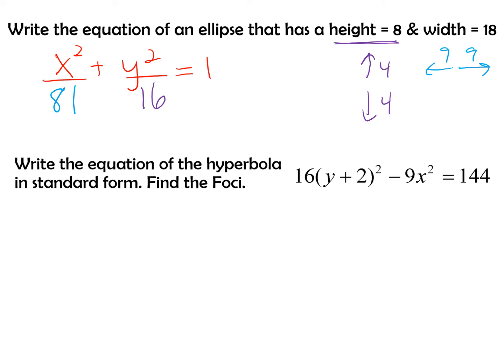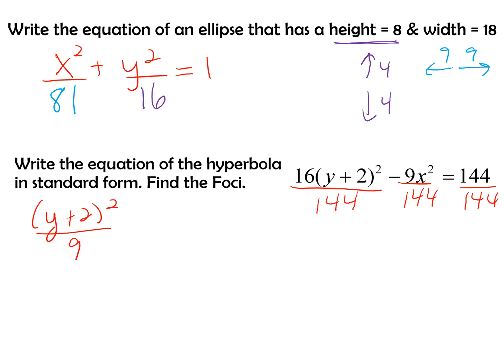This next one is similar to a question we did before. First, it wants us to write the equation in standard form. So I can divide everything by 144. And then if we simplify that, we will have y plus 2 squared over 9 minus x squared over 16 equals 1.